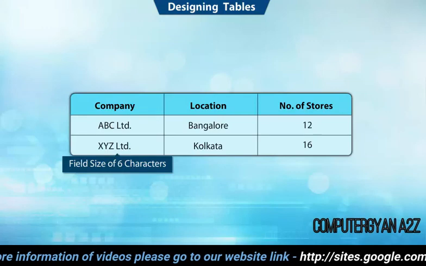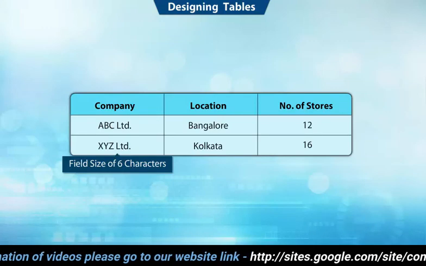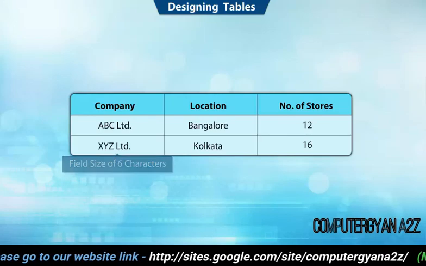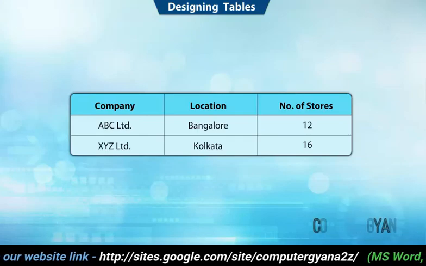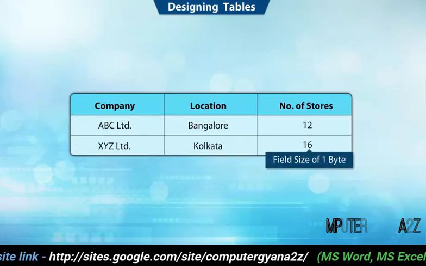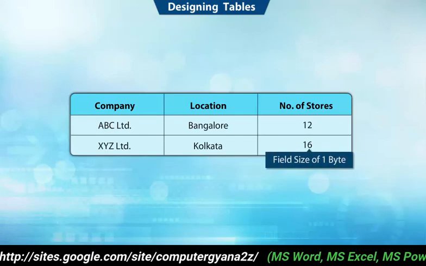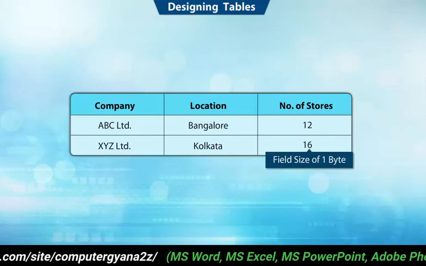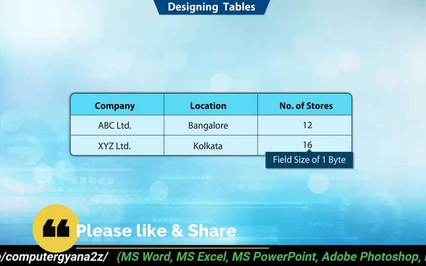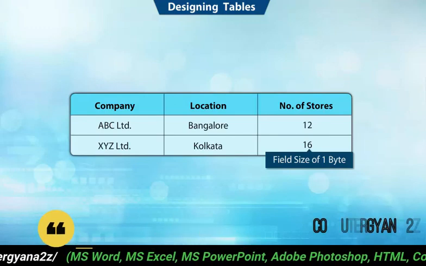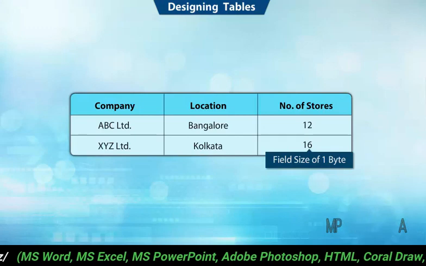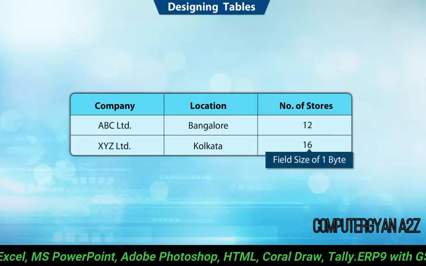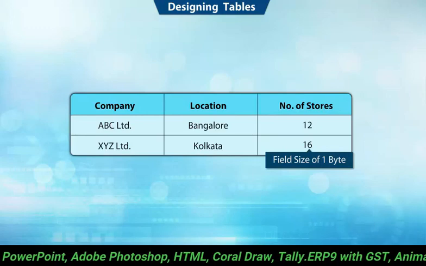For text fields, the size can vary from 1 to 225 characters. For numeric fields, the size can vary from 1 byte, 0 to 225 numerals, to double 8 bytes. It is advisable to use the smallest possible field size setting, as smaller sizes can be processed more quickly and occupy less memory and disk space.